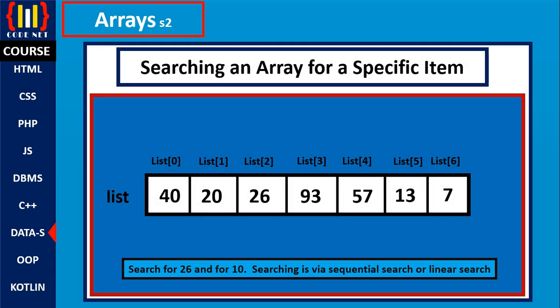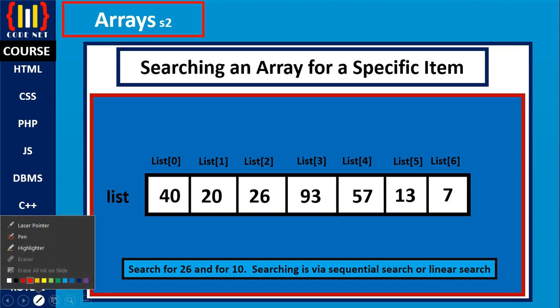But if we were to search for an item that's not inside that array, then from the start to the end of the array, the entire array will be checked. That's what sequential and linear search actually does. So imagine if we were told to search for 10.